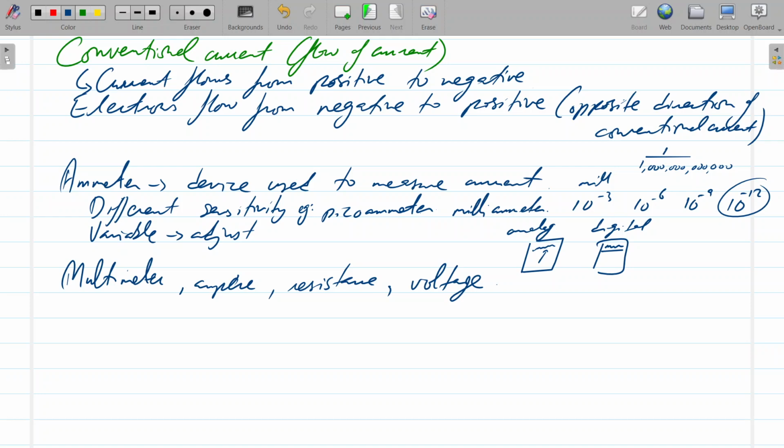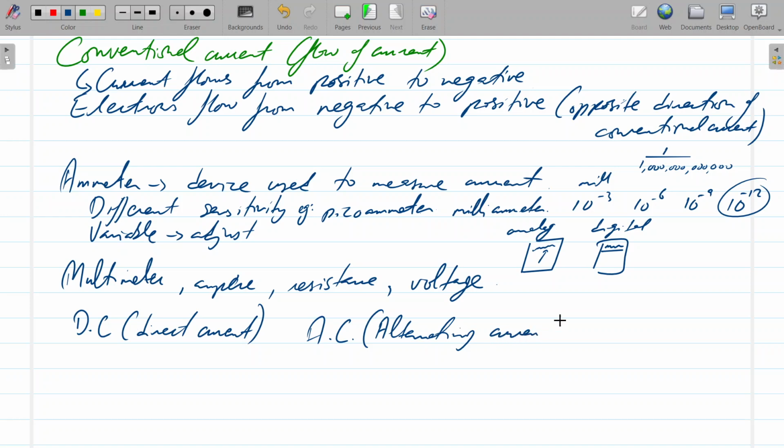Right, and they can also measure current as DC, which is direct current, and AC, which is alternating current. Which is exactly what we're going to talk about right now.